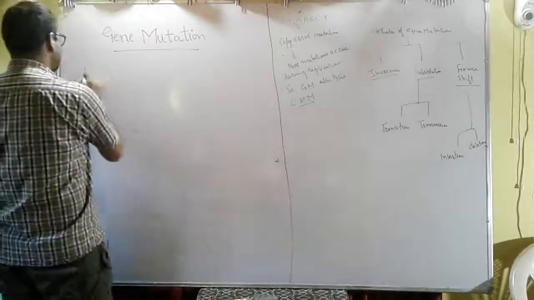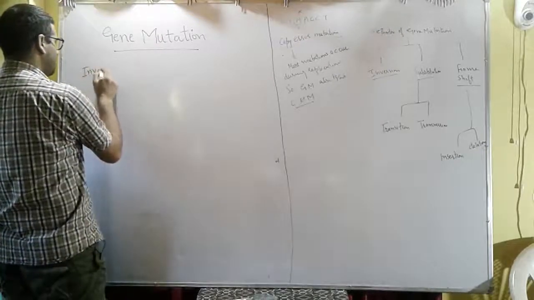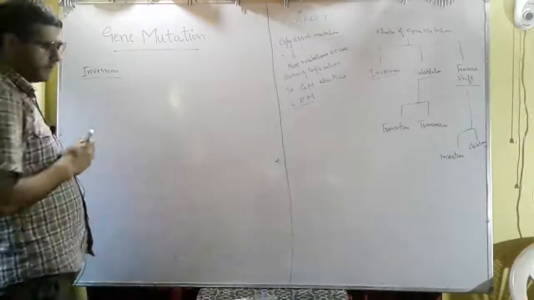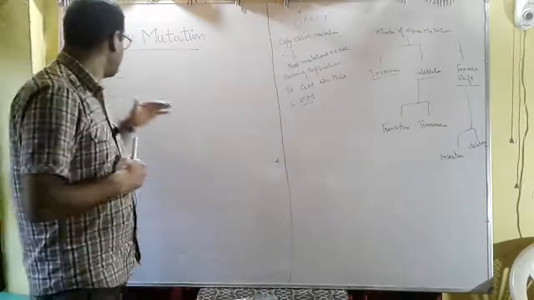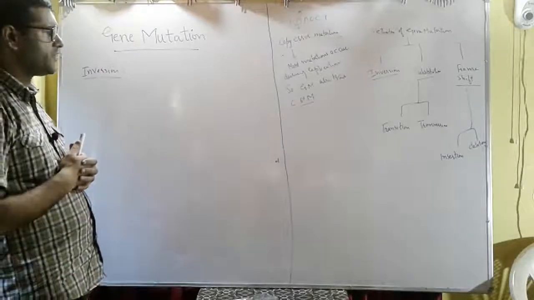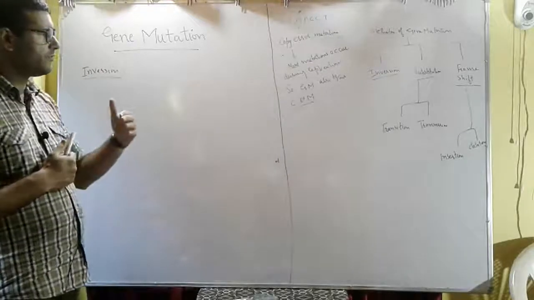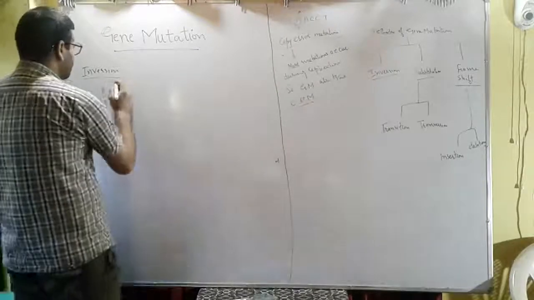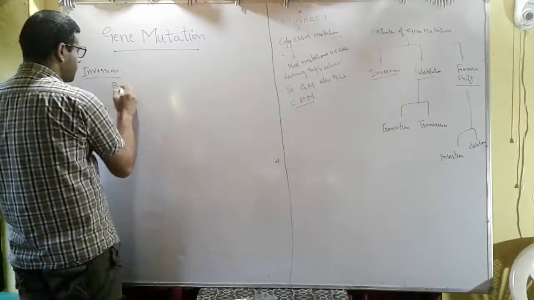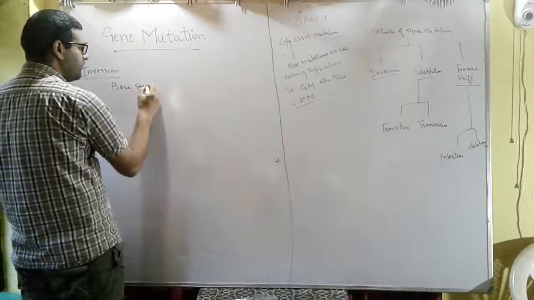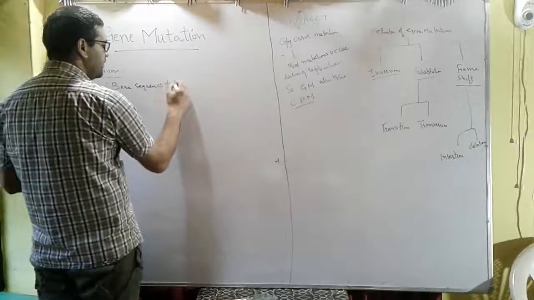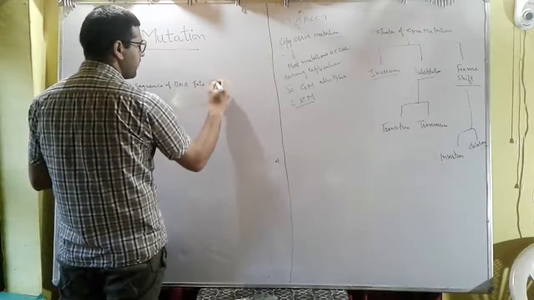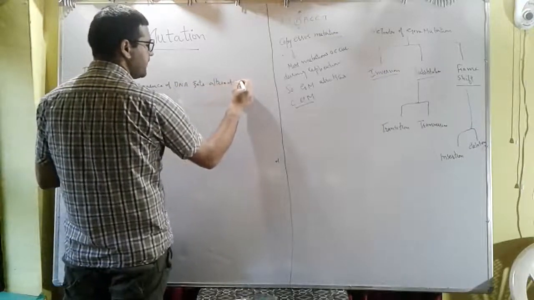First, what is inversion? Inversion is a type of mutation where the base sequence of DNA gets altered in a reverse order.